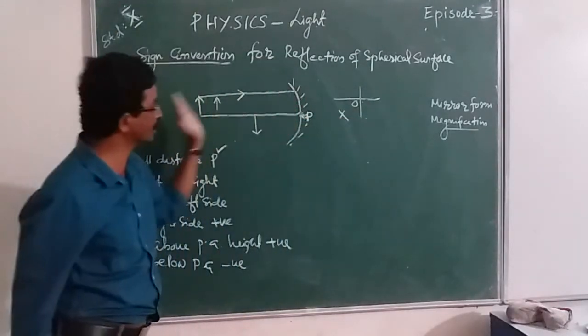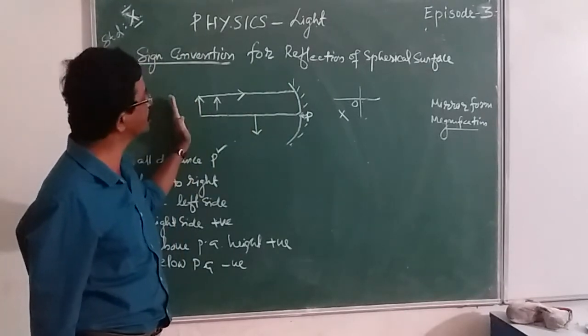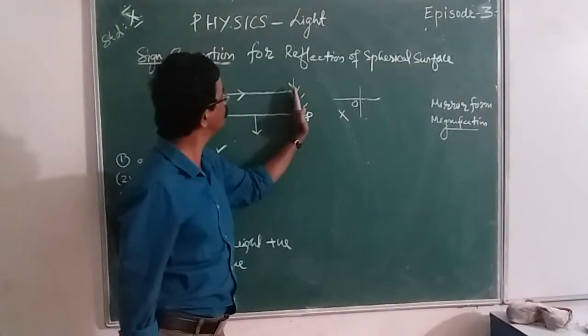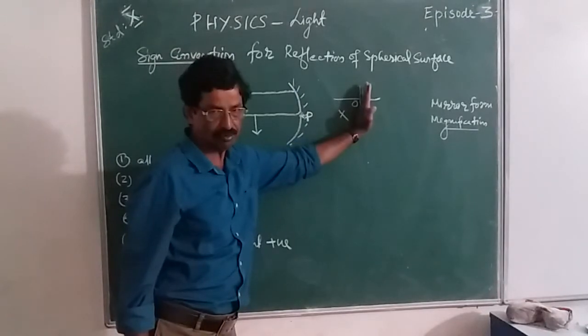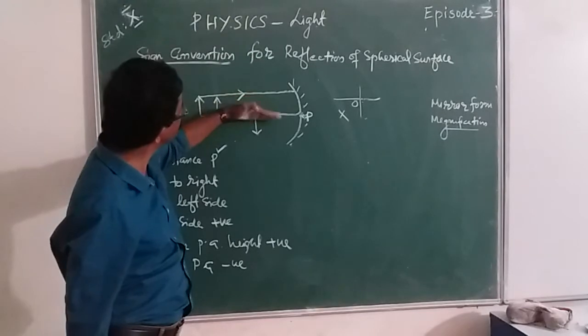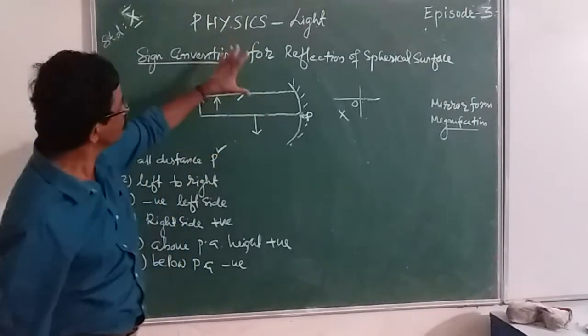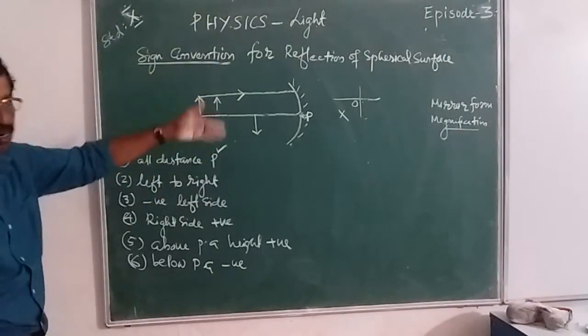Here also, the left side from the pole is negative, the right side from the pole is positive, above the principal axis is positive, and below the principal axis is negative. Okay? These are the things you want to remember.